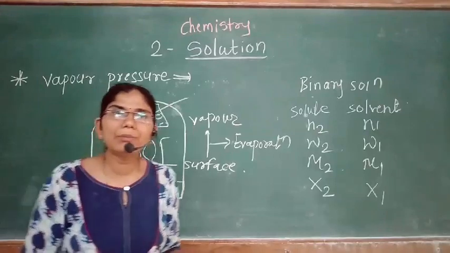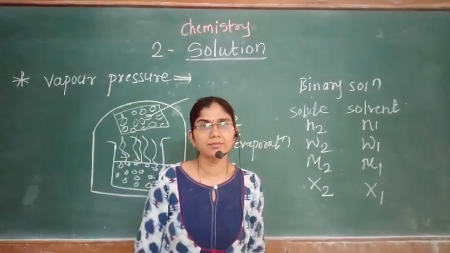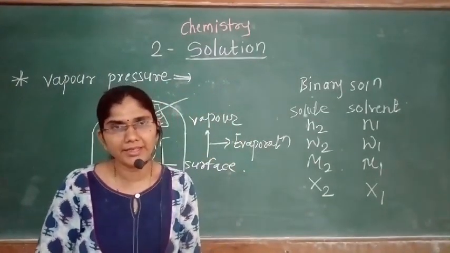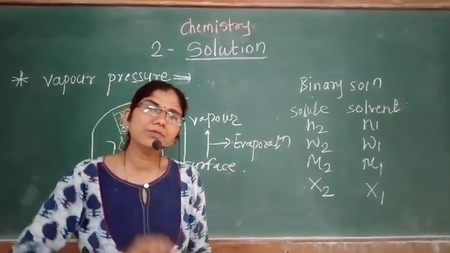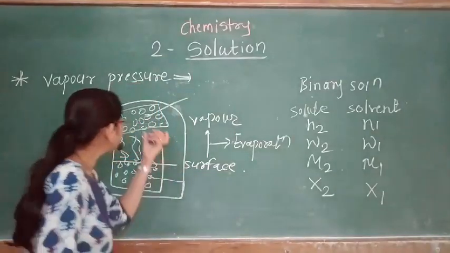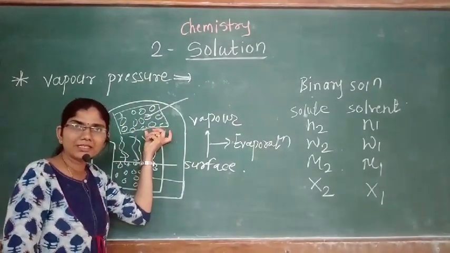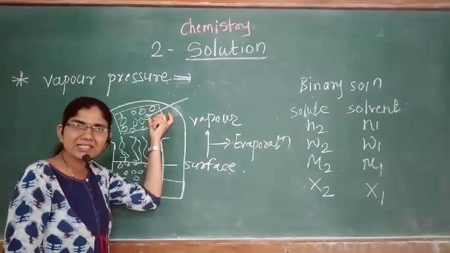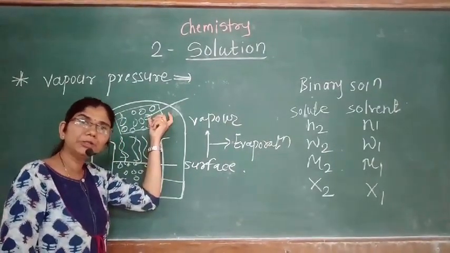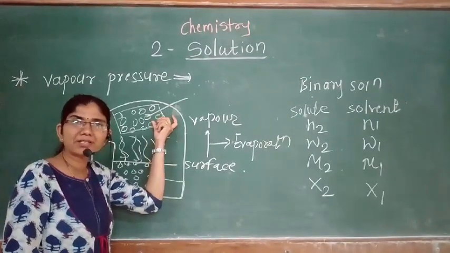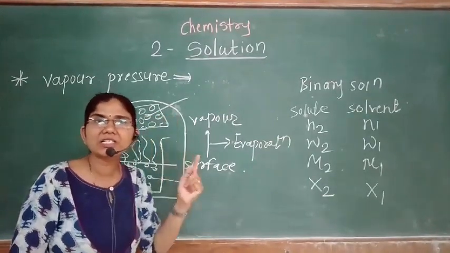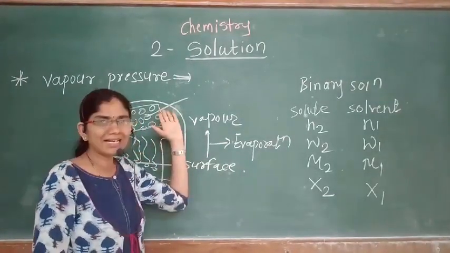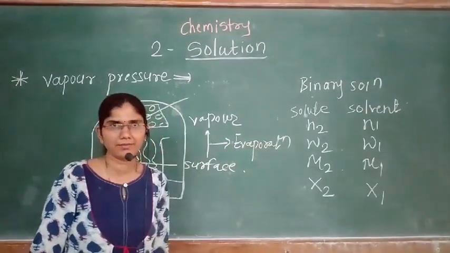Initially the rate of evaporation is more. But as we know, the liquid goes into the vapor state, and this vapor state is called the gaseous state of the substance. The liquid is converted into gas by the process of evaporation.